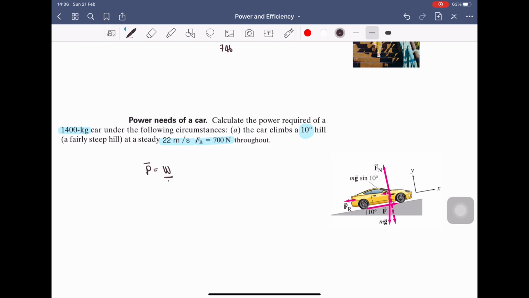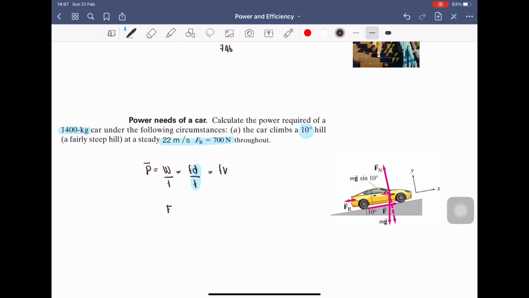In this case, the work equals force times distance. As we can see, distance over time equals velocity. So we make it force times velocity.